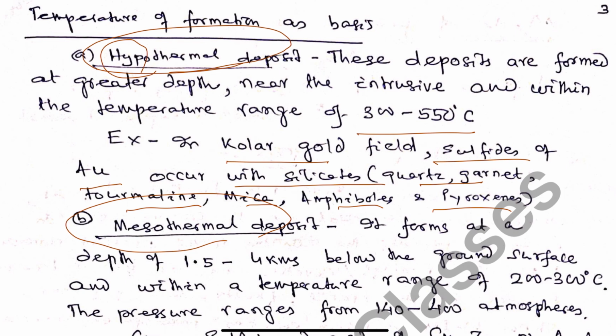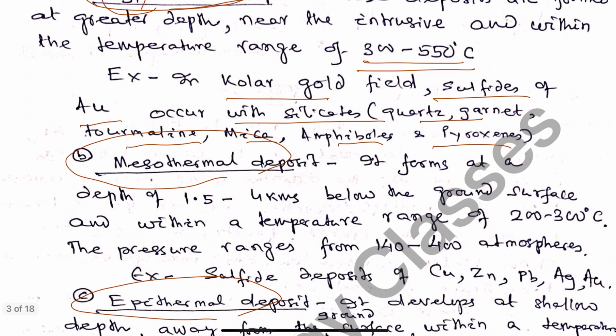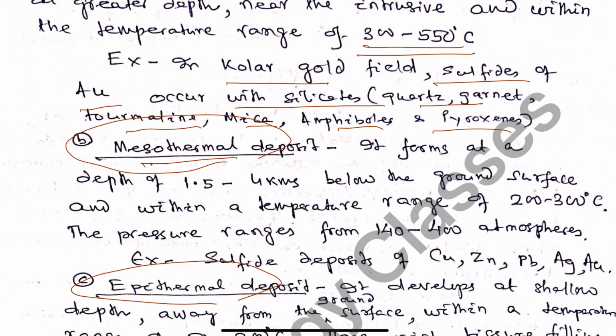These are the silicates that form, and sulfides of gold are found to be deposited at this temperature range, and it is generally at a greater depth. That's why the deposit is described as hypothermal. In case of mesothermal, the temperature range is around 200 to 300 degrees centigrade, and the pressure range is about 140 to 400 atmospheres.